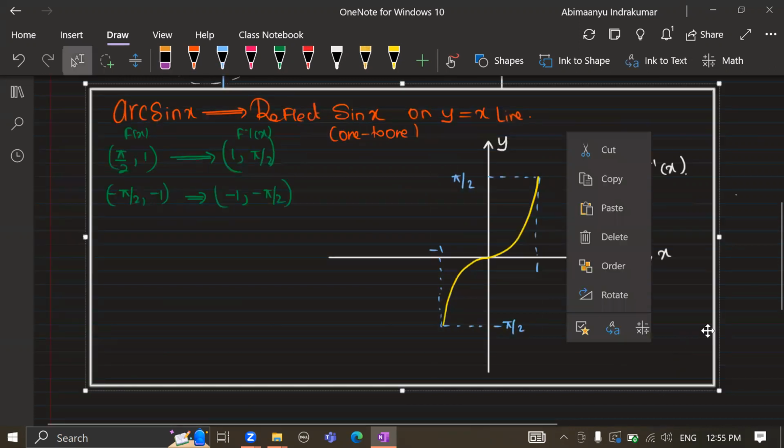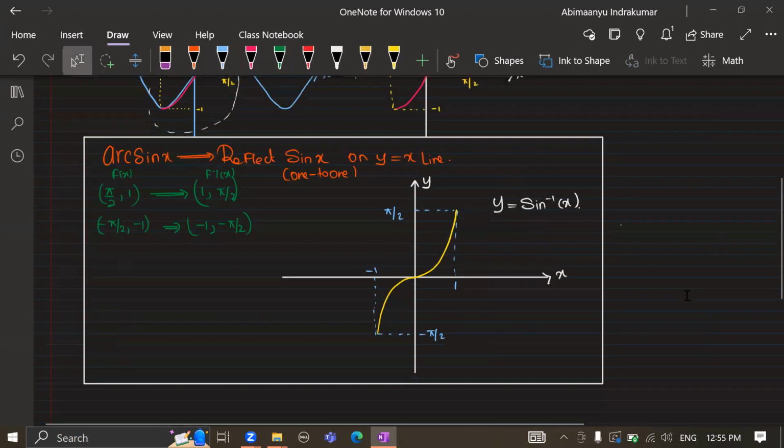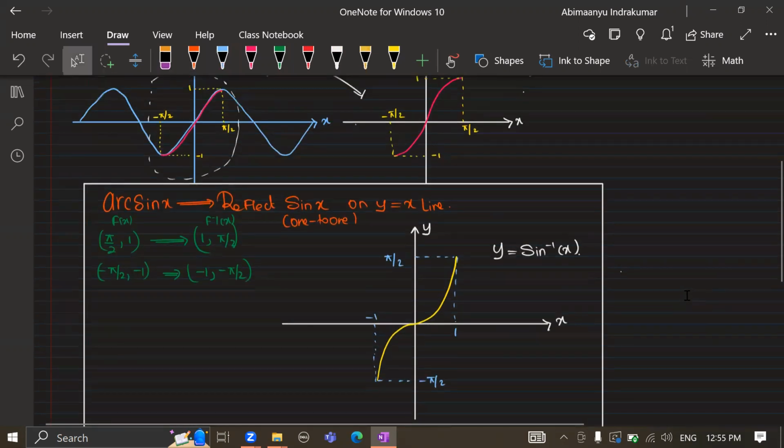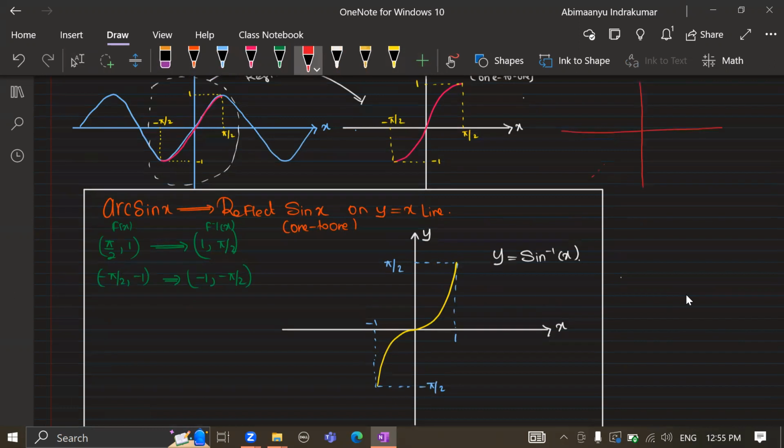Now, there is one more important thing to consider. You can ask, but how do you come to the conclusion that it will look like an x cube graph? The reason is that technically what's happening is we are reflecting on the y equals x graph, right? So let's say this is the y equals x graph. And now my graph is getting a curvature for sin x, something like this. This is the sin x graph.